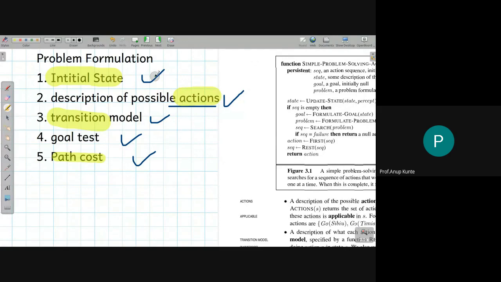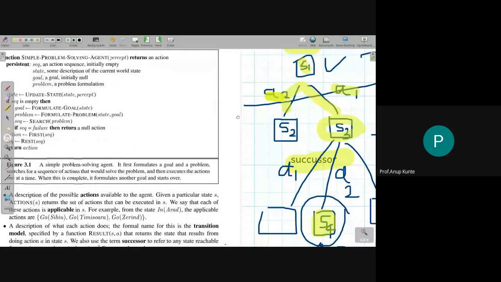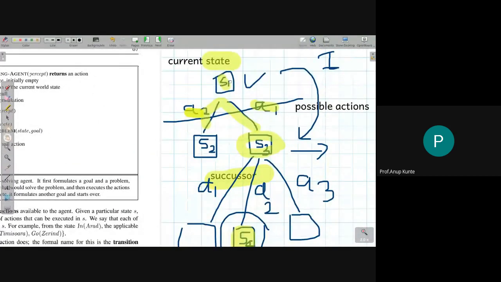In other words, when I'm choosing between successors, because when I started off with S1, I must have applied certain criteria to decide to expand S3 over S2. And that criteria is nothing but the path cost. So path cost defines the criteria which allows you to choose among the successors, such that I may decide to first test S3 to be a goal node over S2.